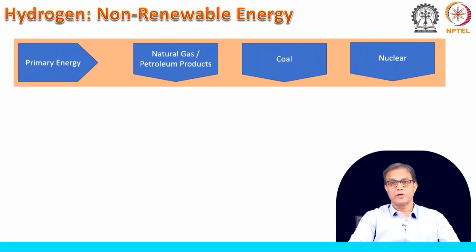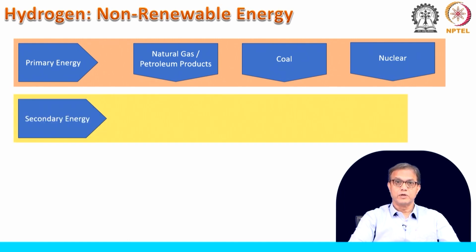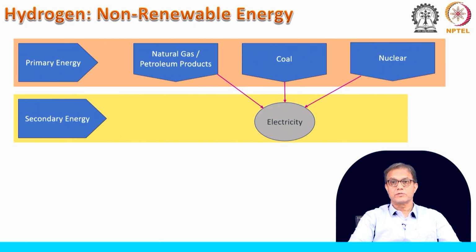This will come into the picture later when talking about the generation of hydrogen using high temperature thermochemical reactions. These primary sources of energy give us the secondary source, that is electricity. Again, electricity is not available freely, it is an energy carrier derived from the primary energy resources.